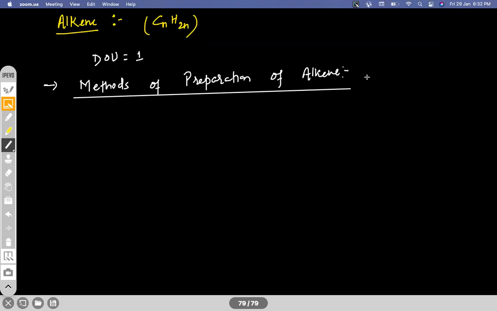See, alkene can be prepared from alkyl halide by elimination reaction. What is elimination reaction? We'll see. Write down the first point here, first method, from alkyl halide.